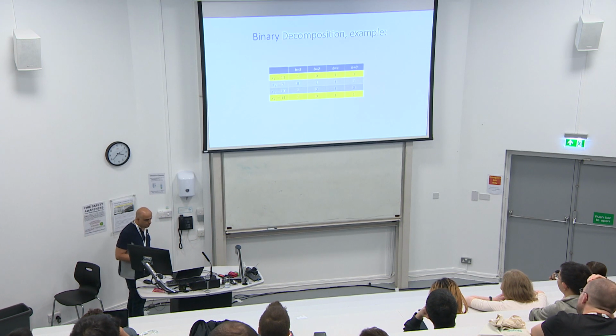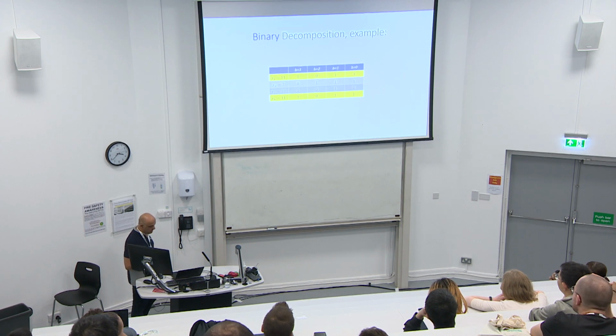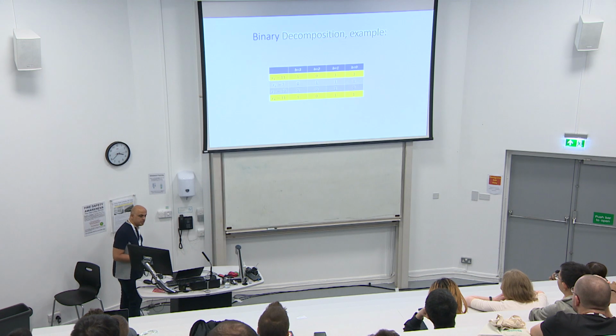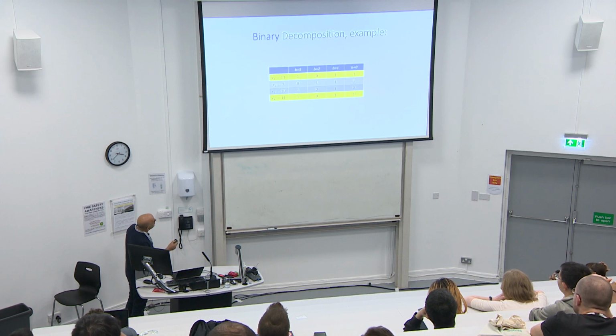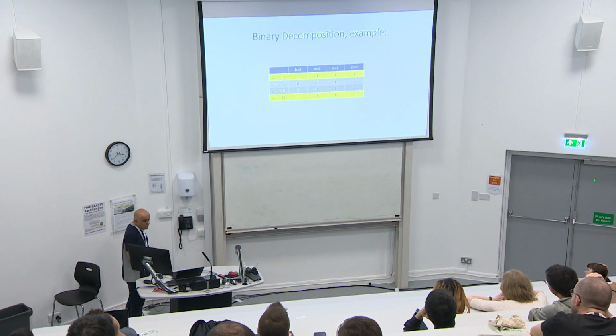So suppose we have 4 inputs, 11, 7, 10, 11. They can all be represented by 4 binary bits, and here you can see the binary representation. I marked in yellow the 2 inputs which I'm looking for, the maximum inputs, this one and this one.